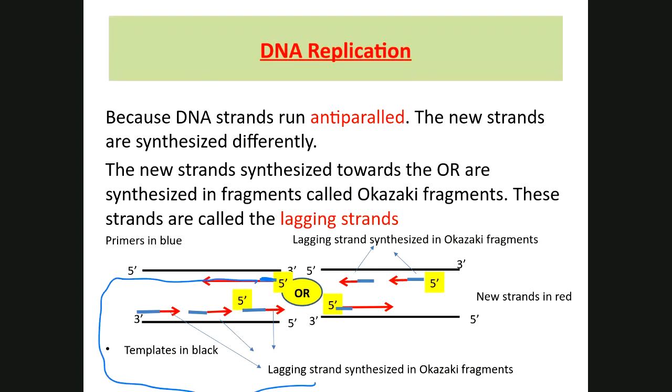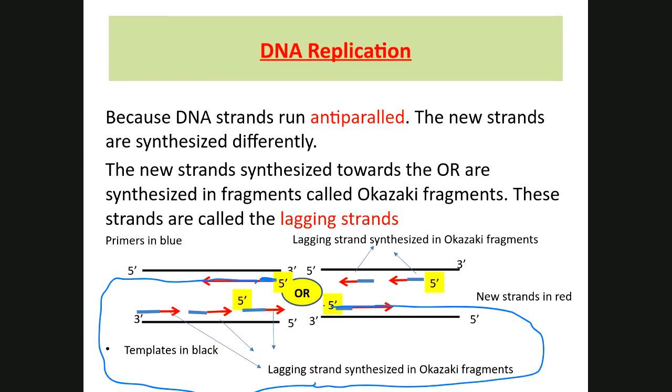So that part is no problem. Same thing on this side. The DNA polymerase that's replicating the 3' to 5' strand can move in the 5' to 3' direction. It can replicate without any problem and continues on until it meets with the other side.